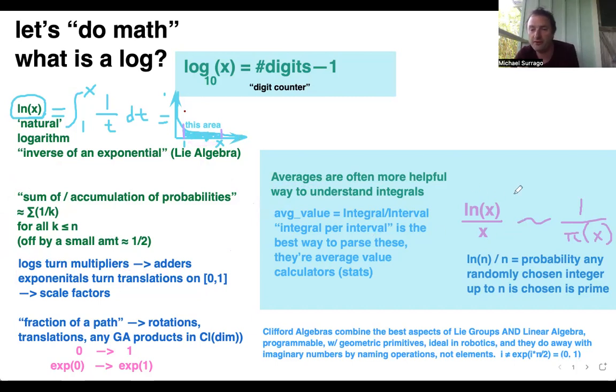If you do that, if you take the natural logarithm and divide it by the length of the interval x, you basically get the probability that a randomly chosen number is prime. Therefore, the inverse of this, or raising both sides to the -1 power, gives you something called the prime counting function.